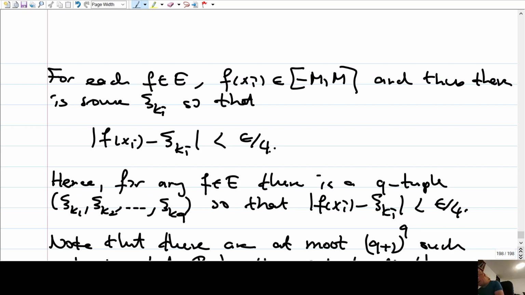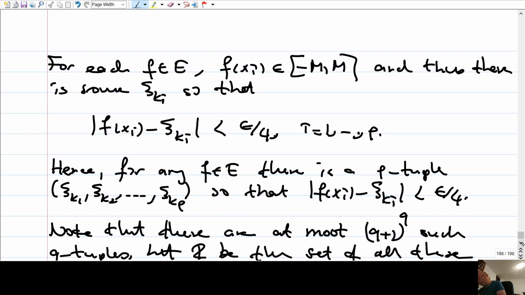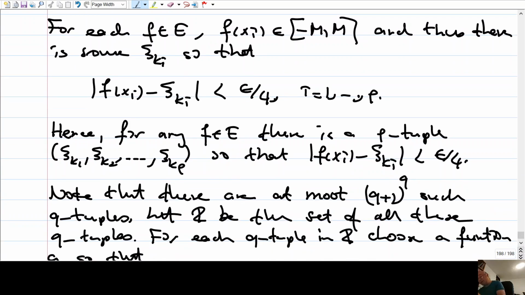I have only i from 1 up to rho. Therefore, I have only rho tuples, because there are only rho x_i's. So I have here these rho tuples, not Q, but rho tuples.